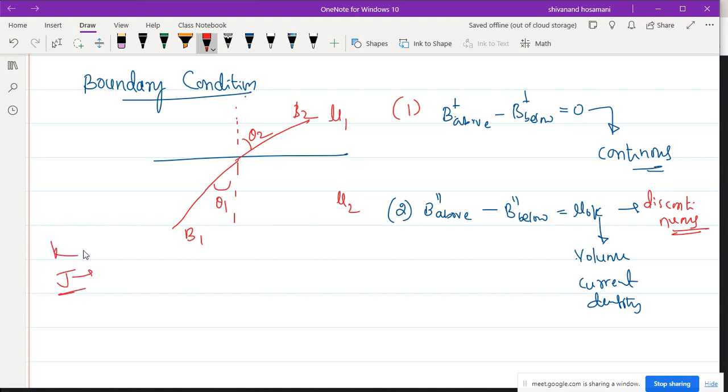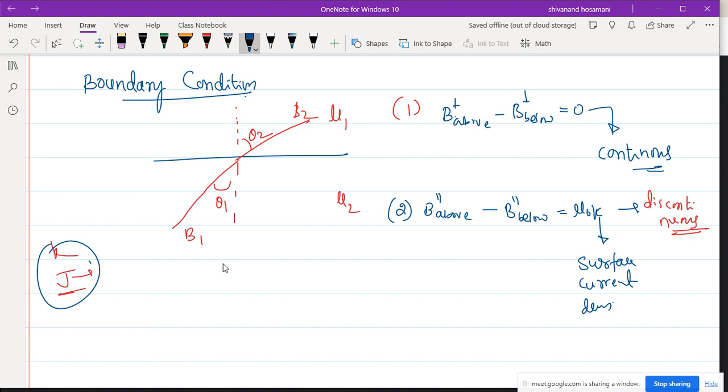So this is surface current density, where J is defined as volume current density. Correct. Similarly, we define that one as H. So this is the magnetic field's boundary conditions.